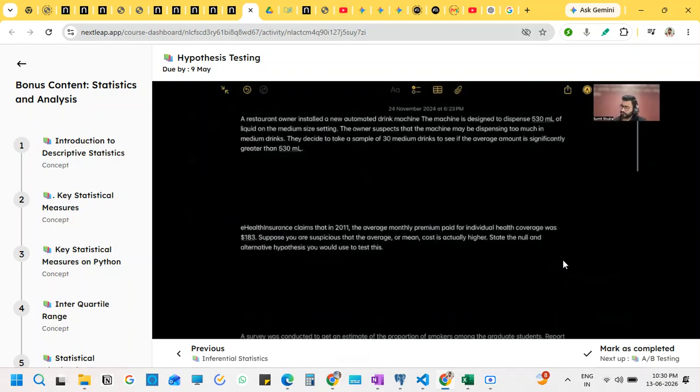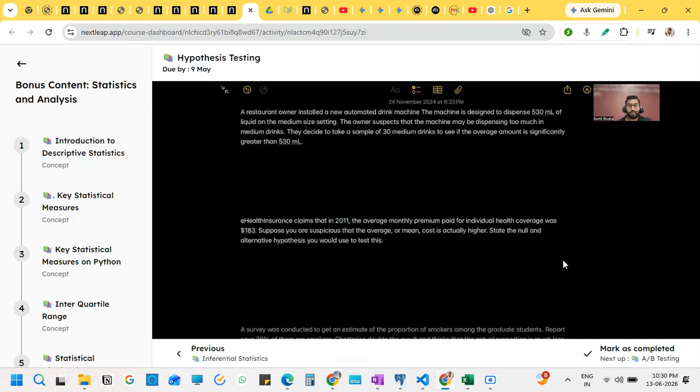Okay, so let's read the first question. A restaurant owner installed a new automated drink machine. The machine is designed to dispense 530 ml of liquid on a medium-sized setting. Now, what is the default truth?